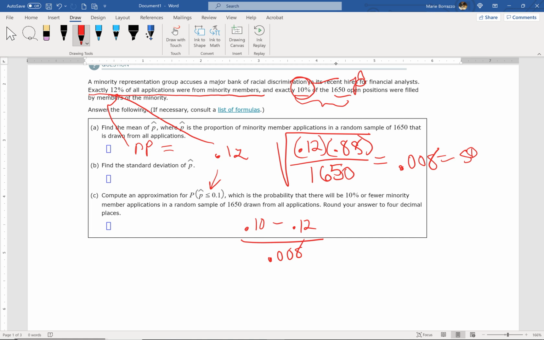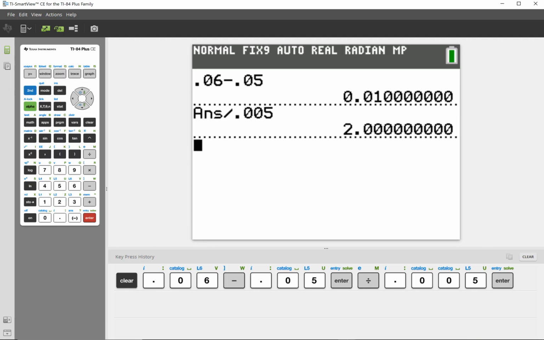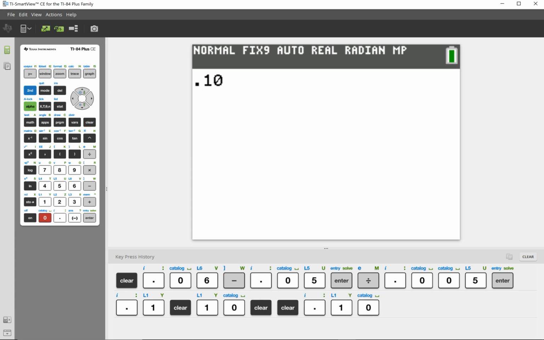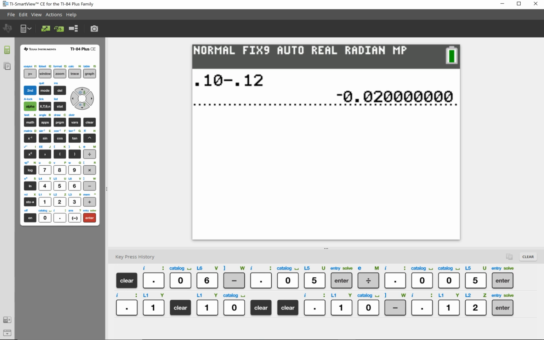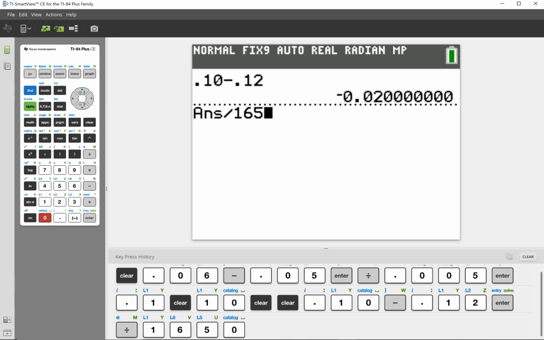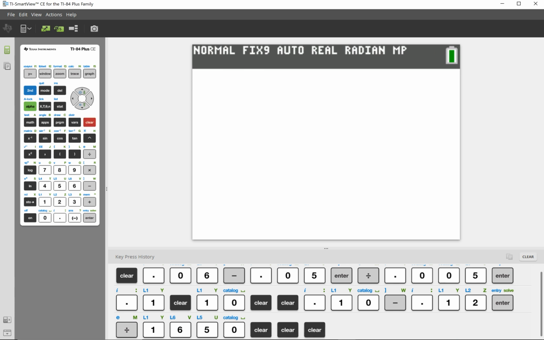Once again, let's pull up the calculator. So we're going to take 0.10 minus the 0.12, giving us a negative 0.02, and we're going to divide that number by 1650. I'm sorry, not by 1650, we're on the third part.